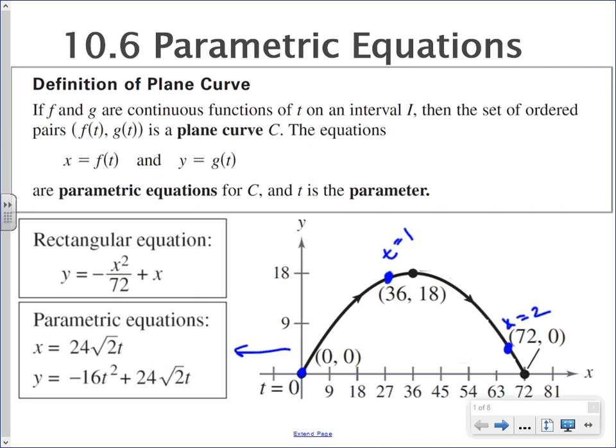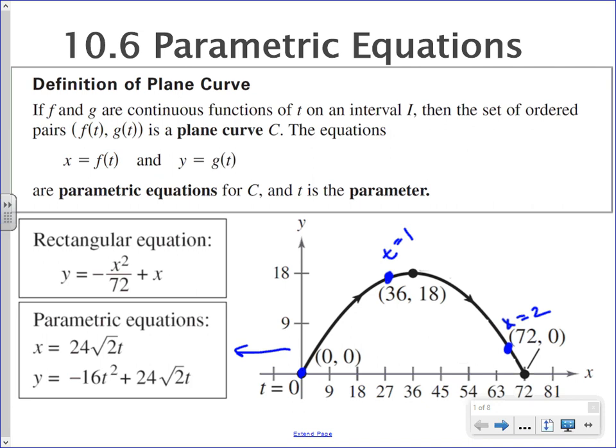So do you see how here we have t equals 0, here we have t equals 1, here we have t equals 2. So it's not necessarily that t is positive, but what's happening as we get bigger with our t's? As we ascend with our t values, our curve is going to have to follow those coordinates. So from t is 0 to t is 1 to t is 2, that's how we know the direction of our curve.